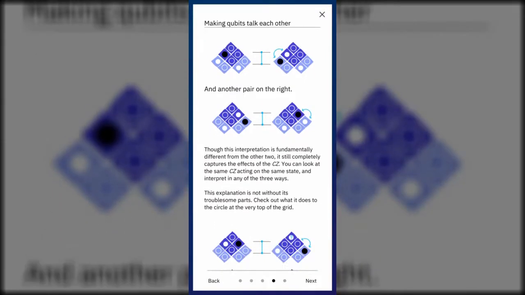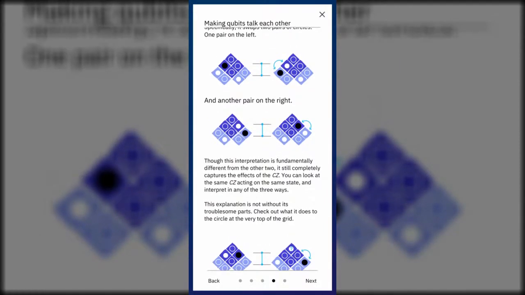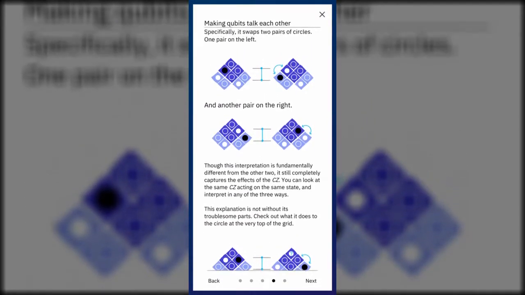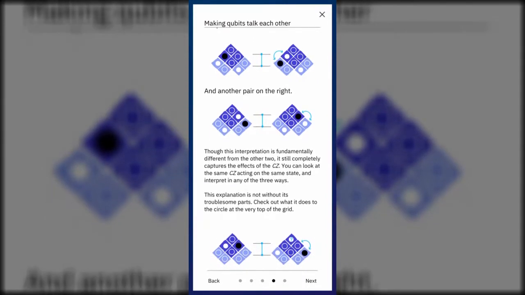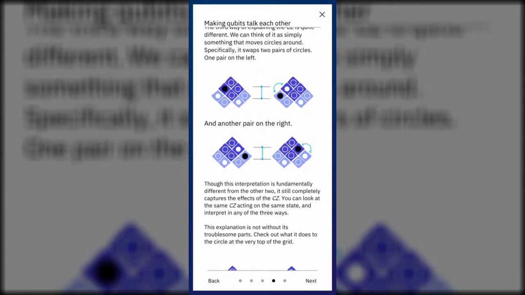That is an interesting idea. I'm not so sure if that's correct, but it's an interesting idea nevertheless.